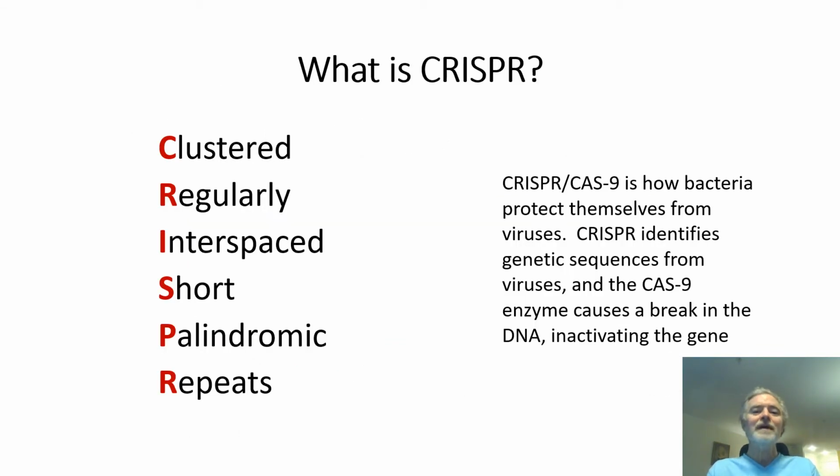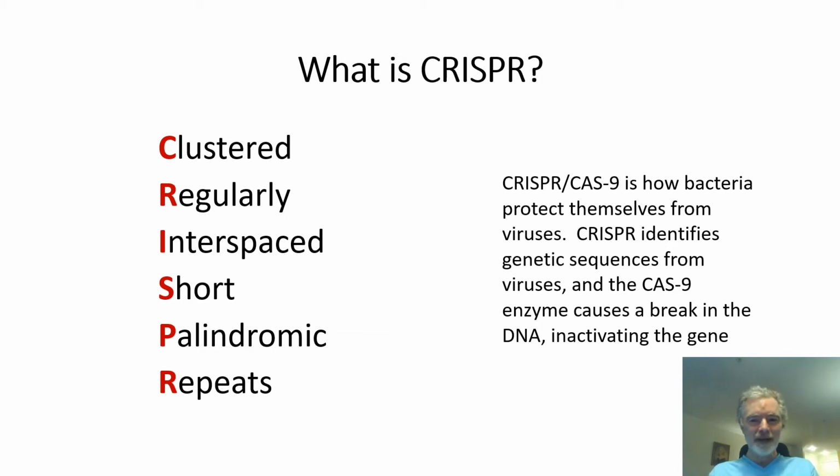Okay, so CRISPR has been in the news a lot, and the proper term is CRISPR-Cas9. So, CRISPR is actually an acronym: clustered regularly interspaced short palindromic repeats. Okay, you don't have to remember that.